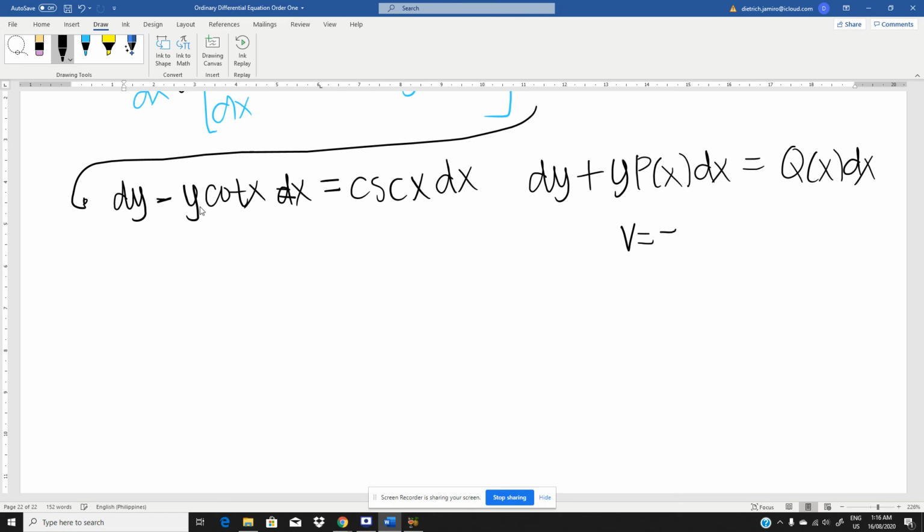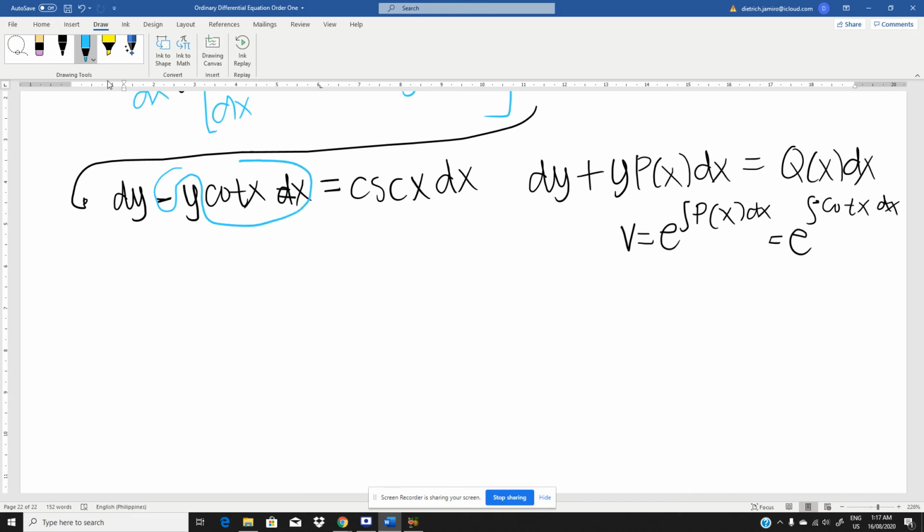So the integrating factor of this is v is equal to exponential of the integral of p of x dx. So in here, we will have exponential of integral of, sorry, negative cotangent of x dx. Because on the second term, we should include the negative.